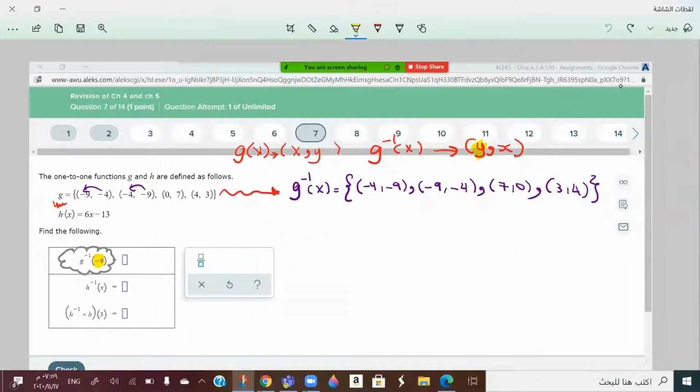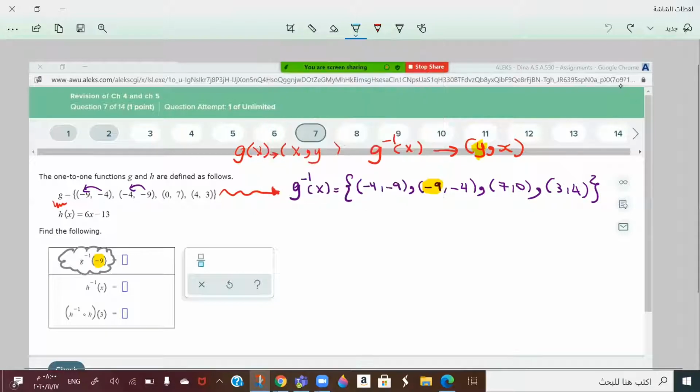Because your y now is your input. So this is your input. That means it would like to have the output, so your answer should be -4. So it's all about the input and the output. So this is if you are having a relation.